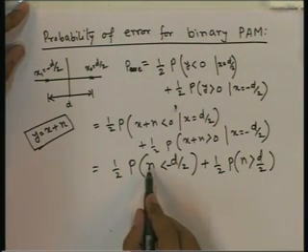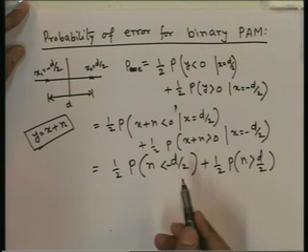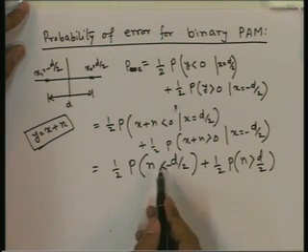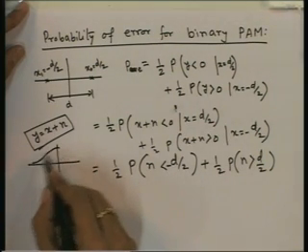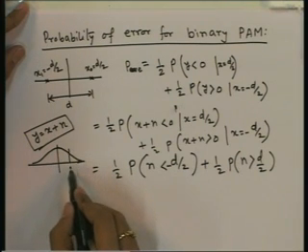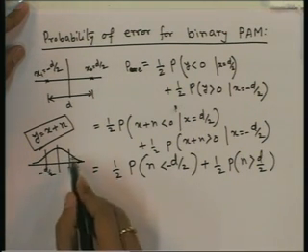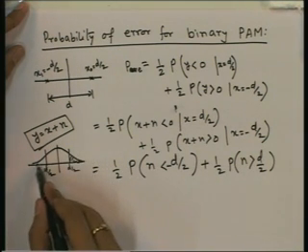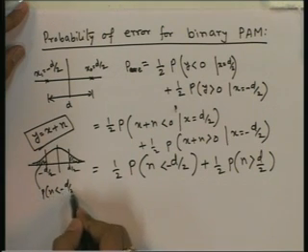Now, the noise n is Gaussian, it has one component only, so we are denoting it by n itself. N has Gaussian distribution with 0 mean. The probability that n is greater than d by 2 or less than minus d by 2, that is, the area here is probability of n greater than d by 2, the area here is probability of n less than minus d by 2.